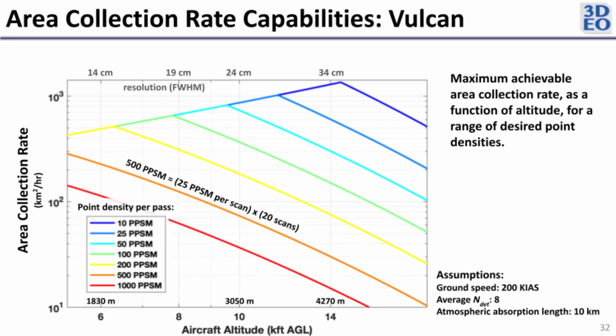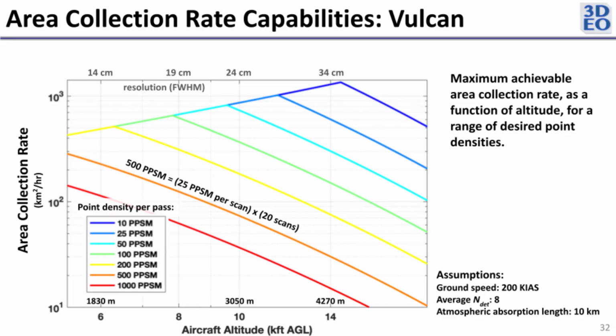At 8.5 kilofeet, we're around, let's see, 100, 200, 300, 400, 550 square kilometers per hour for each pass. That's my area collection rate. That basically tells me the width of my scan on the ground. In this example, I believe that comes out to around 800 or 900 meter swaths that we would be taking. And then we fly them twice, and we do 50%.